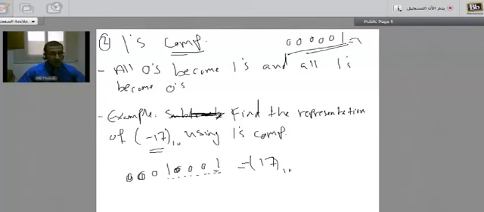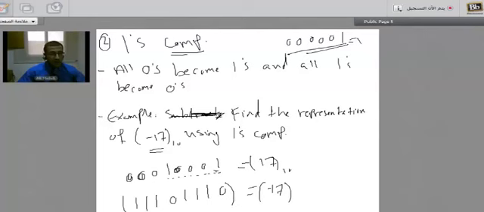Now let's convert it into minus 17. Let's go back to the rule. The rule says all zeros become ones and all ones become zeros. So minus 17, according to the one's complement rule, will be like this: 0 1 1 1 0 1 1 1.